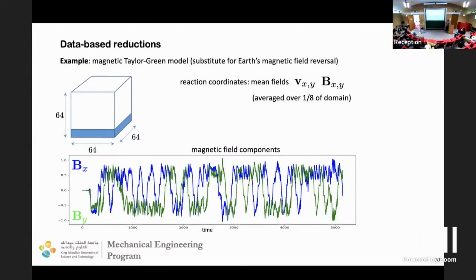And now we already have reaction coordinates, and our reaction coordinates are the mean fields of the velocity in x and y and the magnetic field in x and y, averaged over the bottom eight points of this box. There are some symmetry constraints, and there's a reason why we do this, but that goes a little bit too deep into the details.